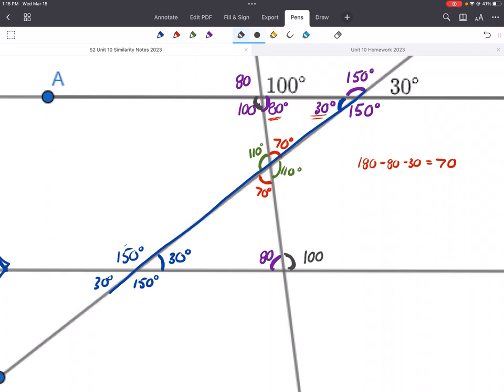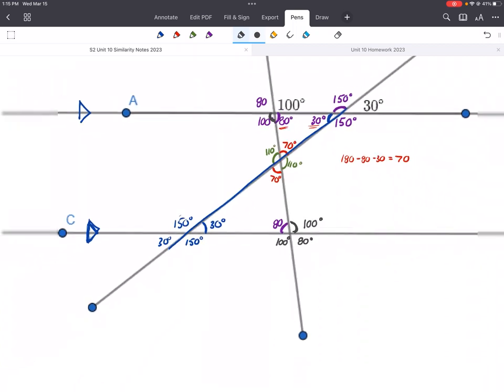Those are alternate interior angles. And then we could do vertical angles if you wanted to find our other angles. I know it's a little trickier when you can't see what I'm pointing at, but if you have any questions, please just let me know.